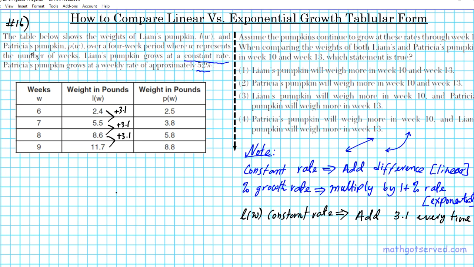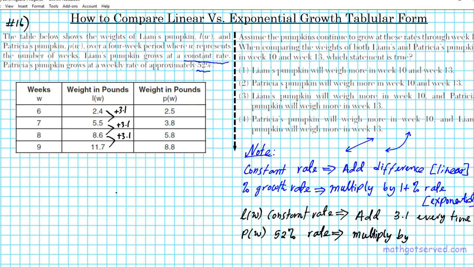Now for Patricia's scenario, we have a variable growth rate. The variable growth rate is 52%. Okay, the percentage growth rate is 52%. So what does that tell us? For Patricia's weight function, we have a 52% growth rate. So what does that mean? That means that we're going to multiply by what?